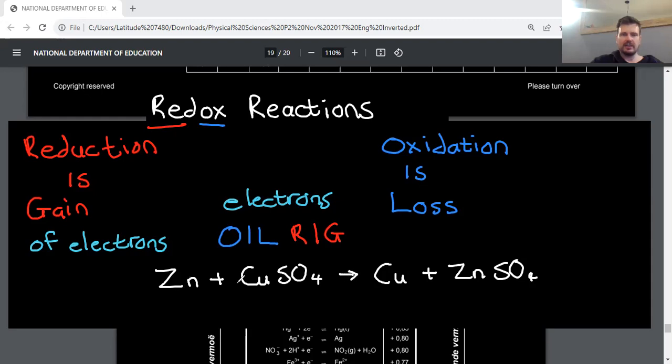What we're really looking at is the Zn, the Cu, and what's happening to each of them. This will often be written as Zn plus copper. SO4 is an ion that's 2 minus, so in this situation the copper is 2 plus. That's what it has to be for it to balance. And then it goes to copper, and now the Zn is 2 plus.